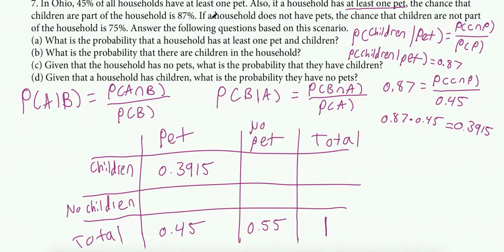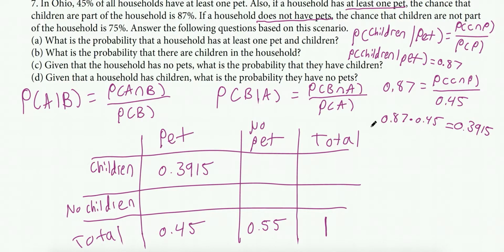Let's keep reading. If a household does not have pets, the chance that children are not part of the household is 75%. So what's our given? If a household does not have pets, that's our given. So that's going to come after the bar, after that line right here. It's going to go here, not having pets. And then not having children. The chance that children are not part, so it's both not.